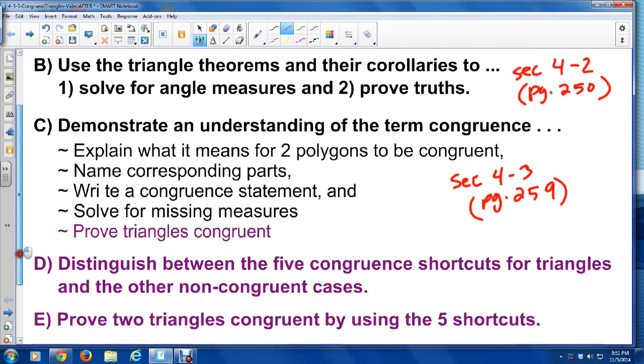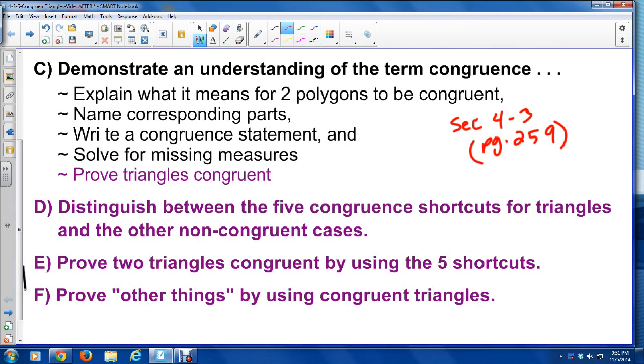Okay, just a quick intro to what we're going to be doing today. We're going to be building off of what we did yesterday. Yesterday we worked through Objective D, establishing the 5 congruent shortcuts for triangles, and then you were looking at distinguishing between them on the homework.